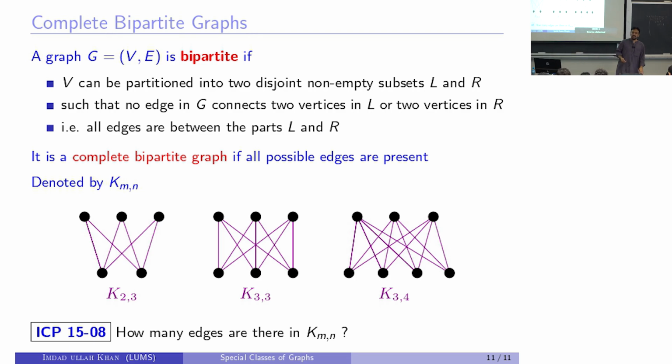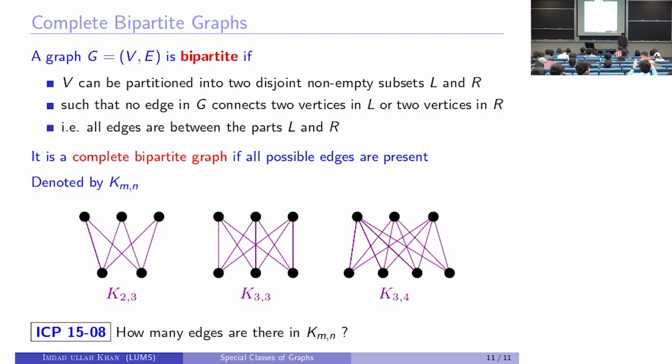So what is the total number of edges? Why m times n? Can you do it with the sum of the degrees way? Why not divide by 2? Where does the division by 2 appear? Is it 2 times m plus n?